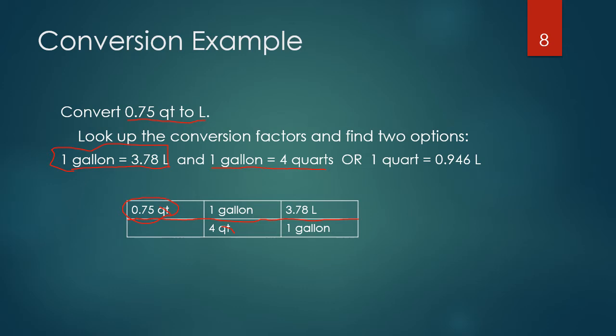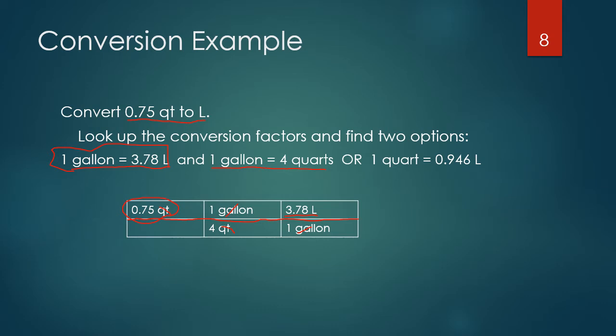So in this case, I'm going to take that second conversion factor and put the gallons in the denominator this time. That way, gallons are on opposite sides of the horizontal line, canceling each other out. The 3.78 liters is going to be in the numerator because liters is what I want my final answer to be in. So now to calculate.